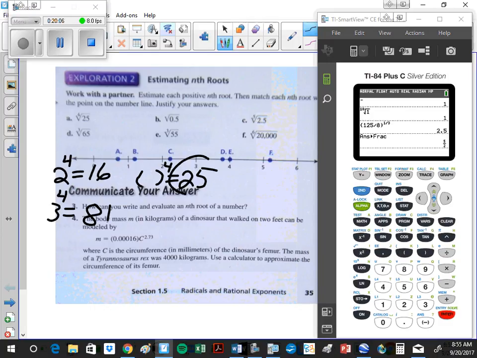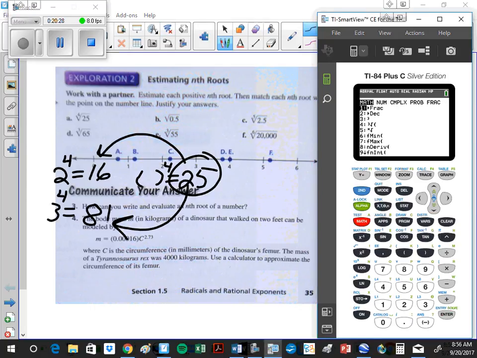Well, is this closer to 16 or is it closer to 81? 16. A lot closer to 16 or a little bit? A lot. So our answer should be a lot closer to 2. So what would you guess? 2.3? Let's try it. Math, x root of 25, 2.23. We are closer to 2 than 3 because 25 is closer to 16 than it is to 81.